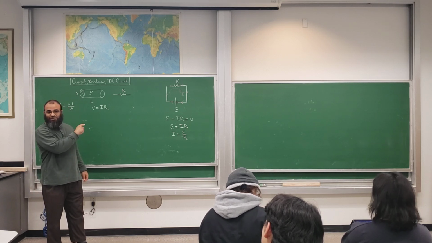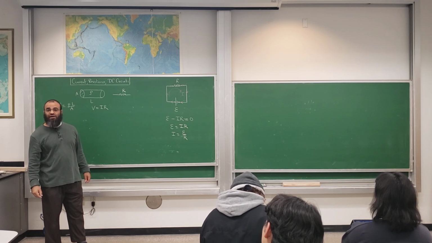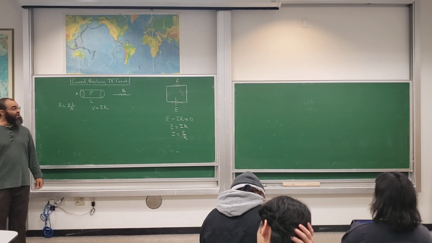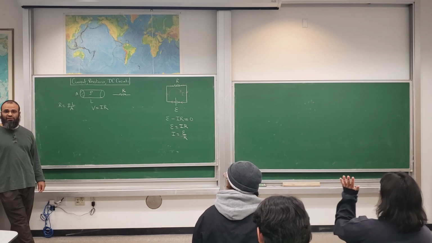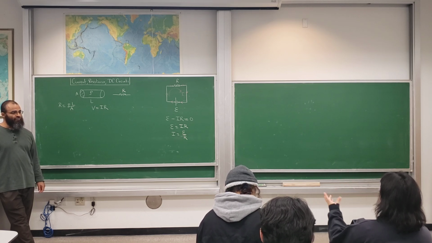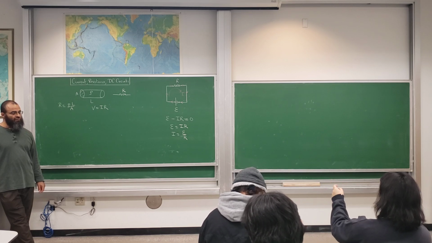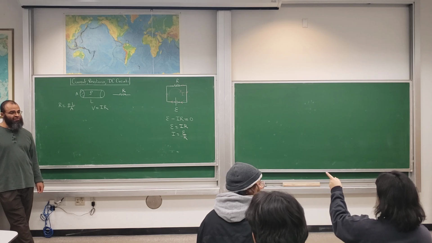Any questions up to this point? Looks good? So current will always flow one way, right? Yes, it doesn't change direction. This kind of looks like the same figure as when we had a battery and just a capacitor, where we went from here to here, positive V, and from there to there.